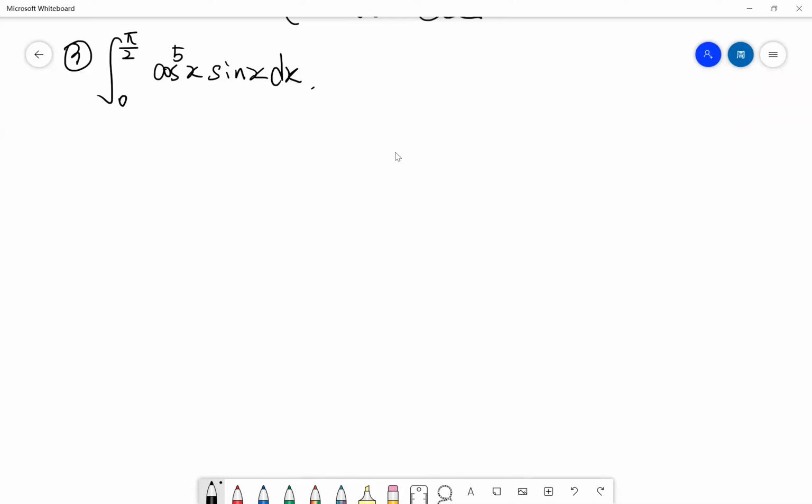Okay, so let's solve question number 3 here. For this question, you will first find cosine x power 5, right? When you see the power 5, you should know that we can let u be cosine x. So u equals cosine x.